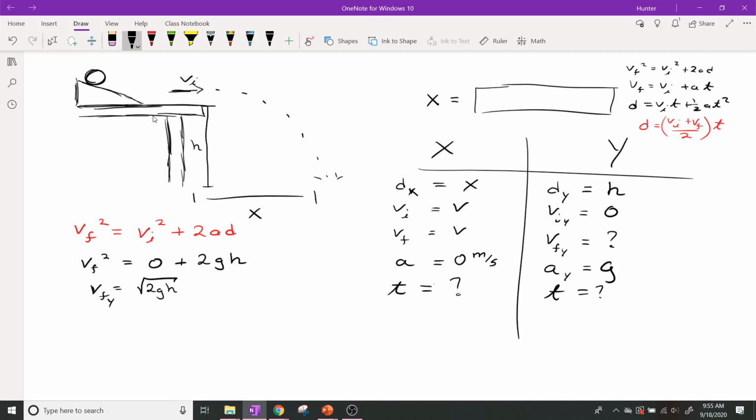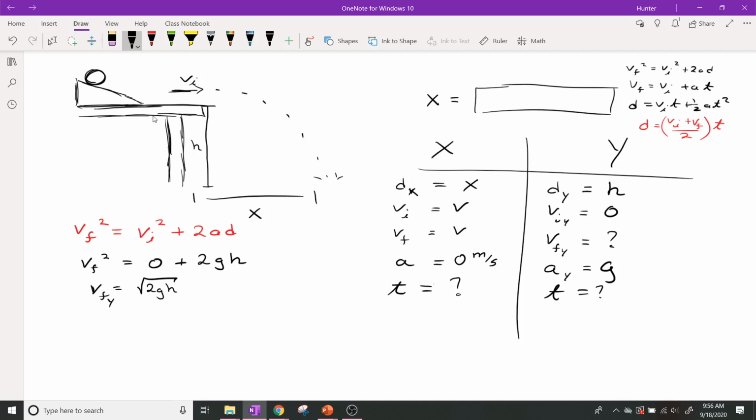And in fact, you just accidentally stumbled upon one of the frequently used expressions in AP Physics, the square root of 2GH. It comes up a lot.